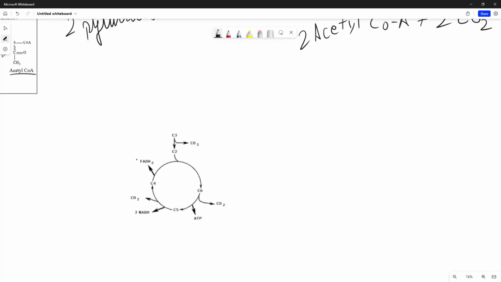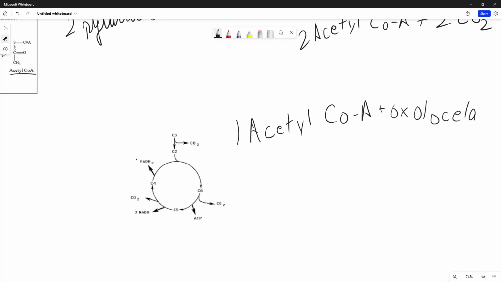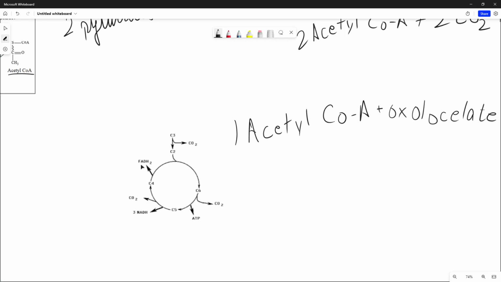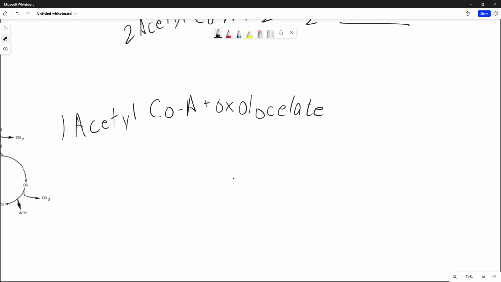So what happens here is one acetyl CoA reacts with a molecule called oxaloacetate. I may not get the pronunciation right. And what this does is it gives us citric acid.